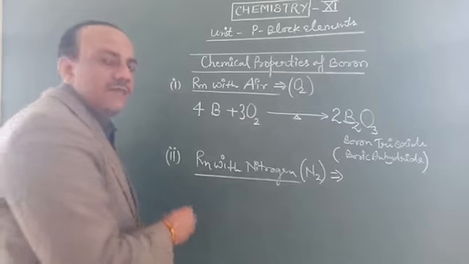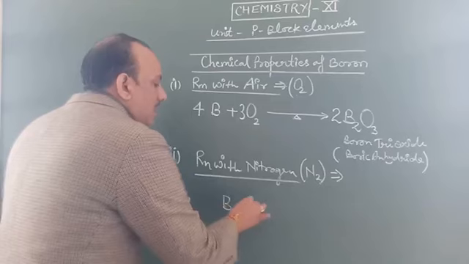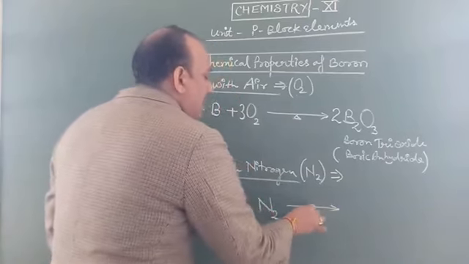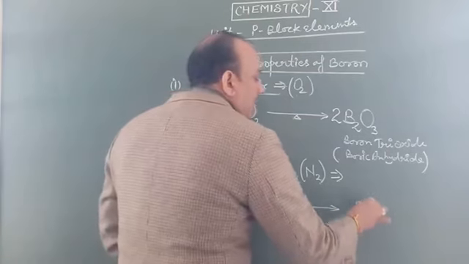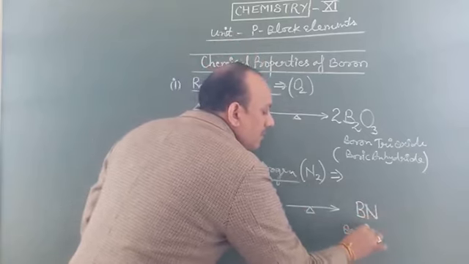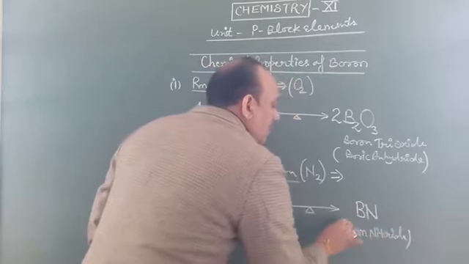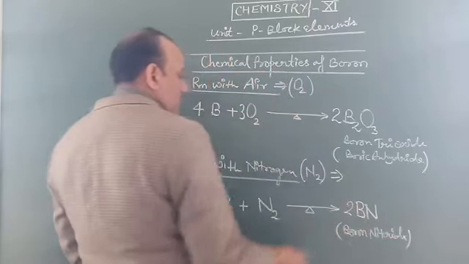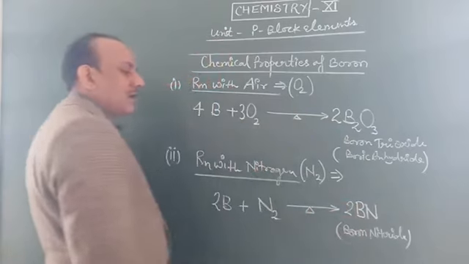Its chemical reaction is given as: boron formula is B and dinitrogen is N2. It reacts with one another to make boron nitride. Its formula is BN. For balancing we use 2 and 2. How can we make this formula BN?